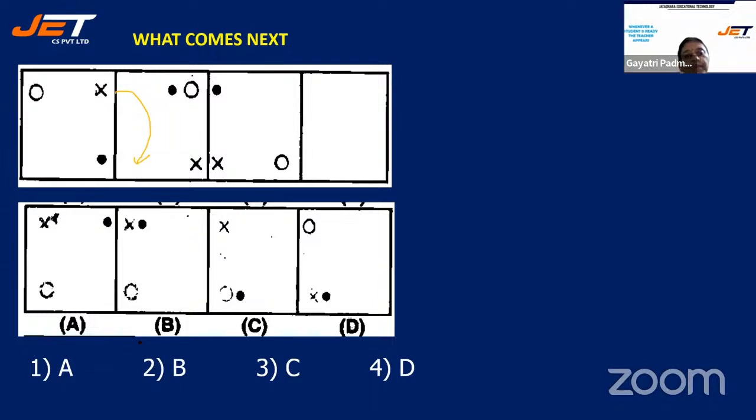So your multiplication symbol comes here. And in the next one, again, your multiplication symbol comes to this side. So your next one, your multiplication symbol should be towards this side.